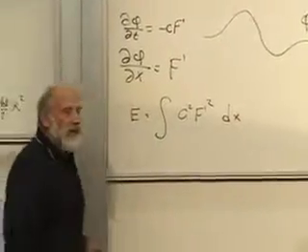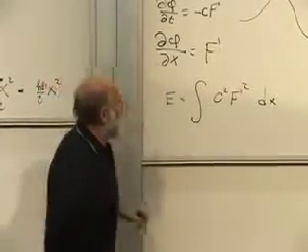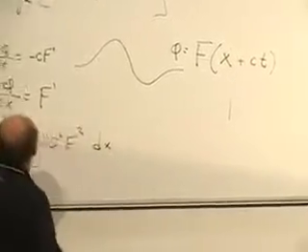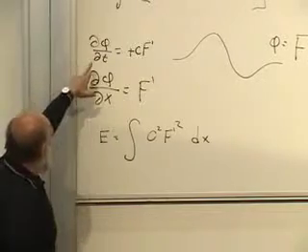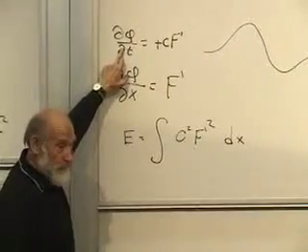What about a wave moving to the left? Here's a wave moving to the left. I would change the sign here, but it would not change the sign of the square of d phi by dt squared.